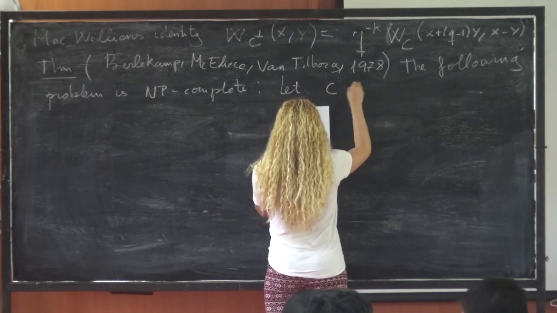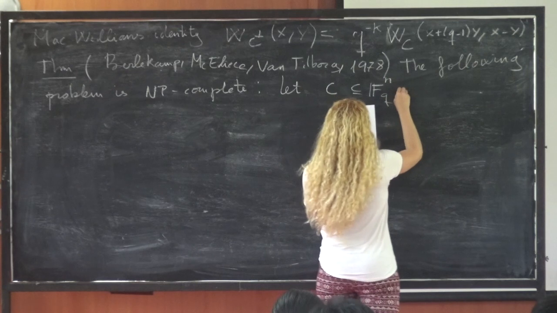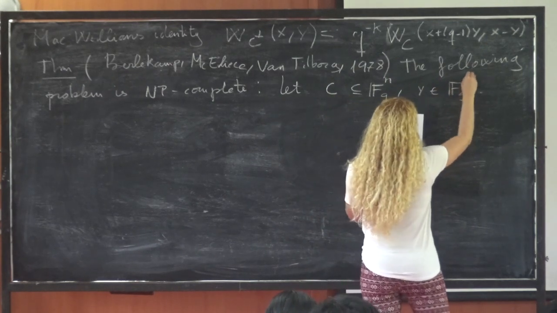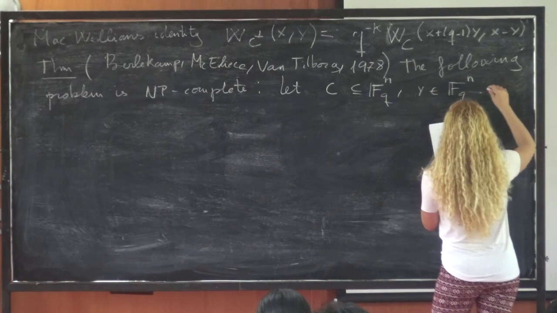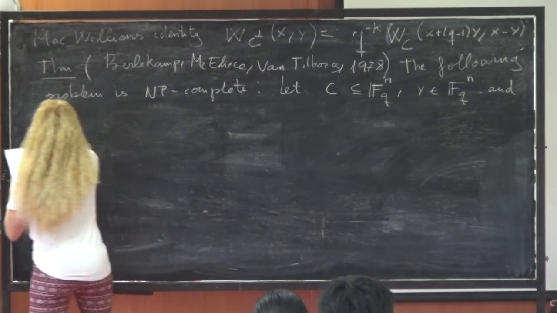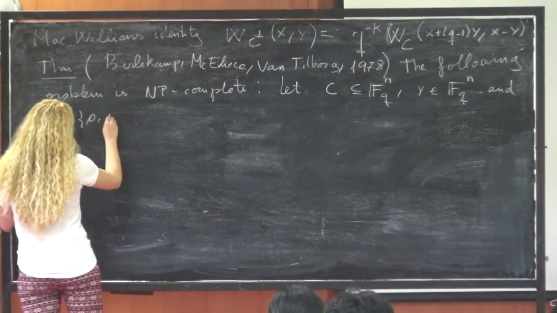So let's see. Given a code C, write y an element in the full vector space F_q^n, and t a natural number in this set.